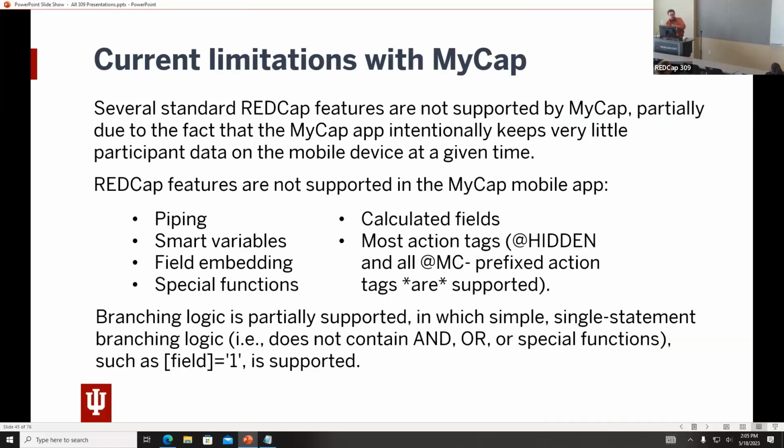It means that some of them will not work with the task when you're viewing it inside the MyCap app, but it might still be relevant if somebody's taking the form as a survey or doing it as an internal data entry instrument. And so it is possible that you still might have a form where you're using one or more of these and it's just not relevant as a MyCap task.